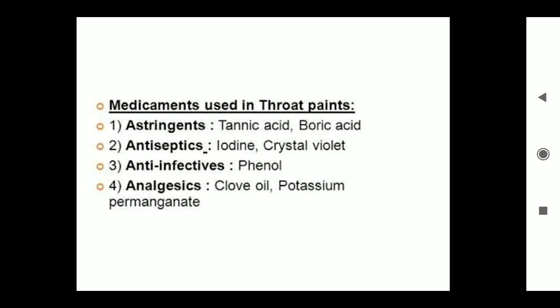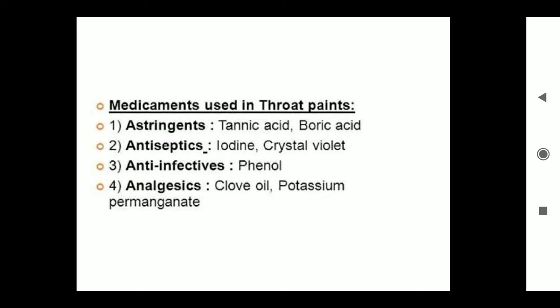Throat paints produce different types of pharmacological action, used to produce different therapeutic actions. Examples: astringents. These are agents used to precipitate proteins. Examples: tannic acid and boric acid.